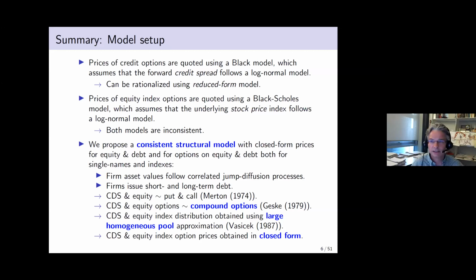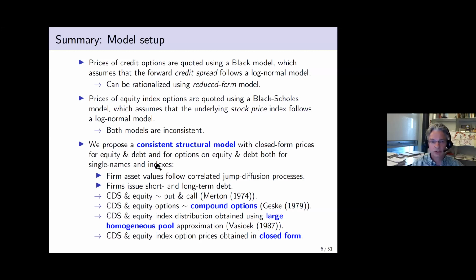On the credit side, it's the reduced form model that's based on assuming that defaults arrive as jumps. And on the equity side, this is just a Black-Scholes type model. So because we can't readily compare those two volatilities to decide whether they're consistently priced, we actually propose a structural model, which is a classic structural model based on an underlying asset value process for each of the constituent firms of the indices.